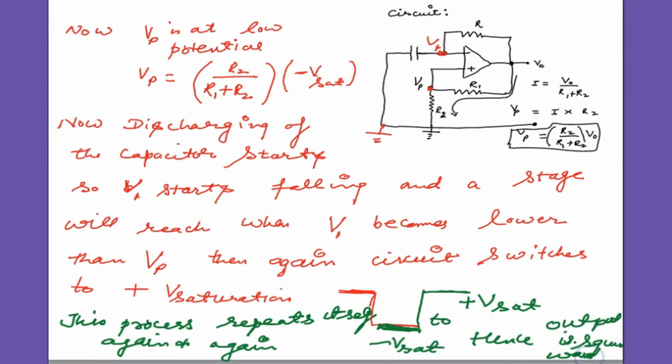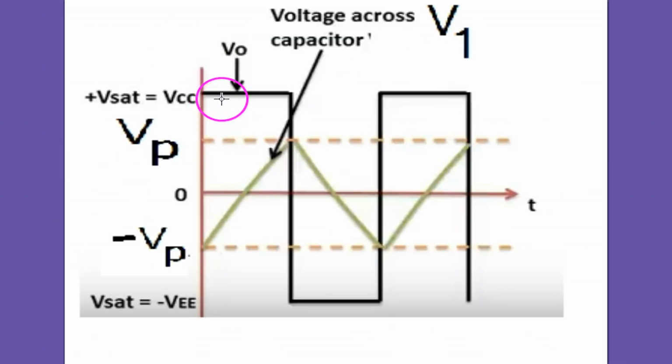So with positive V saturation, the capacitor starts charging, and when the capacitor voltage becomes slightly greater than Vp, it jumps from positive V saturation to negative V saturation.